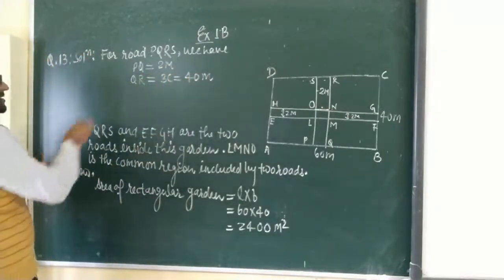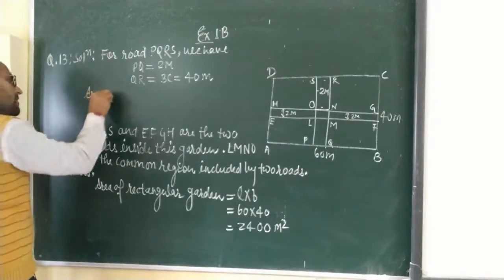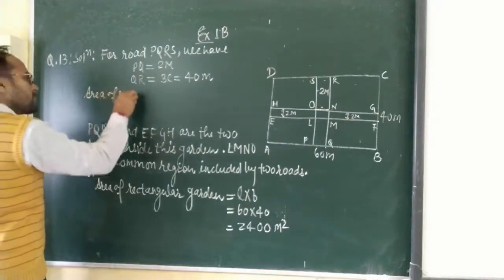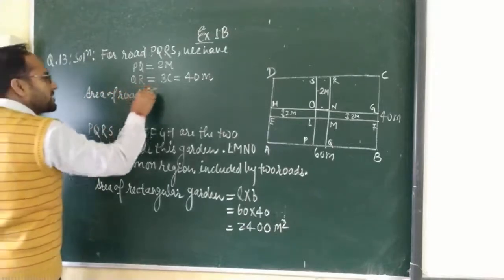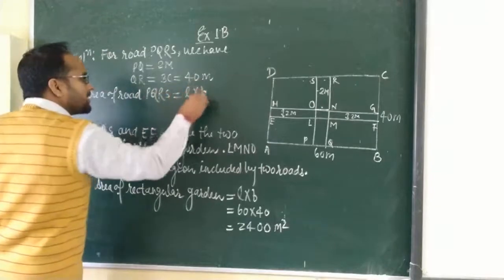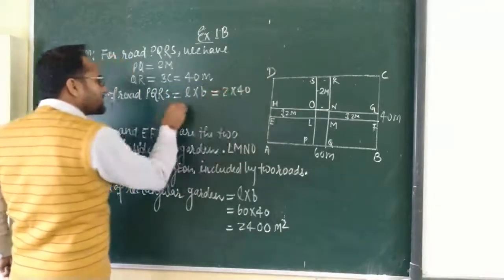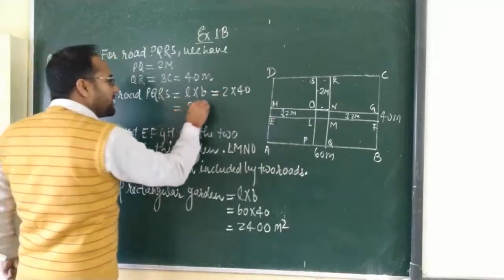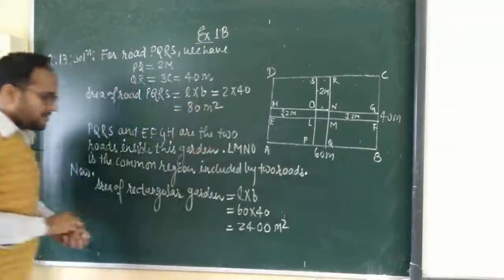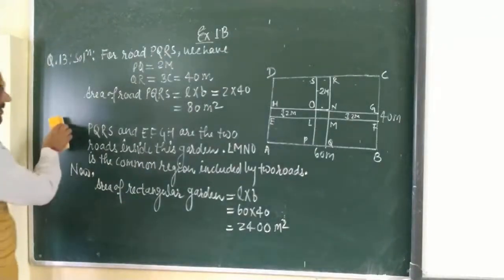So it is a rectangle, and the area of road PQRS is length multiplied by breadth. 2 multiplied by 40, you will get 80 meter square, the area of the road PQRS.